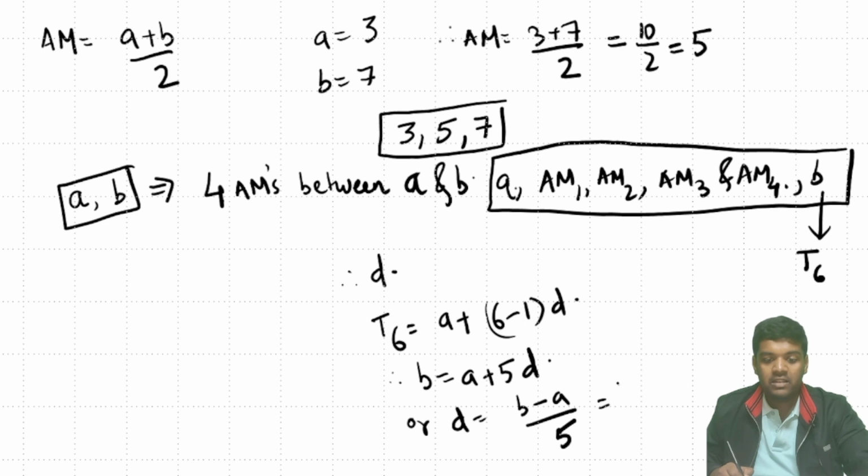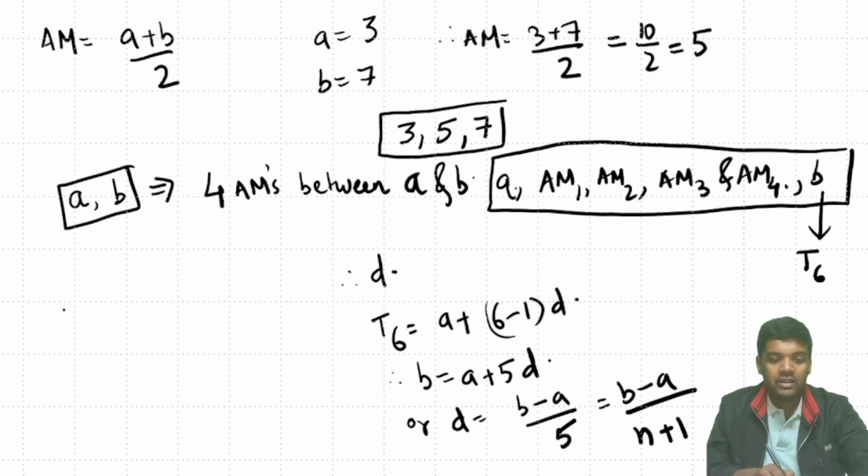This is nothing but B minus A divided by the number of AMs to be inserted plus 1. So our formula becomes: the AMs to be inserted will have a common difference such that D equals B minus A by n plus 1.